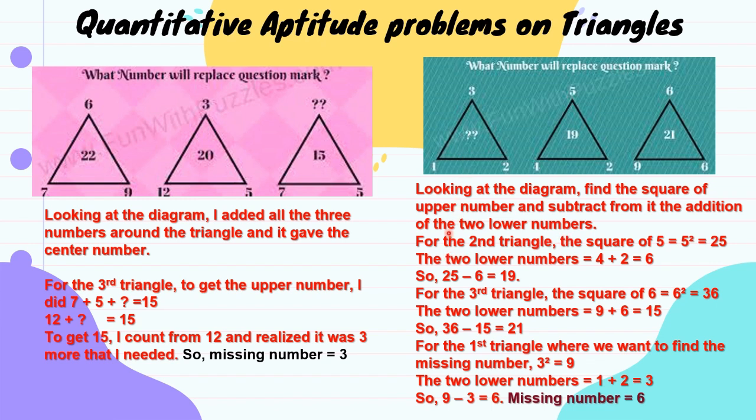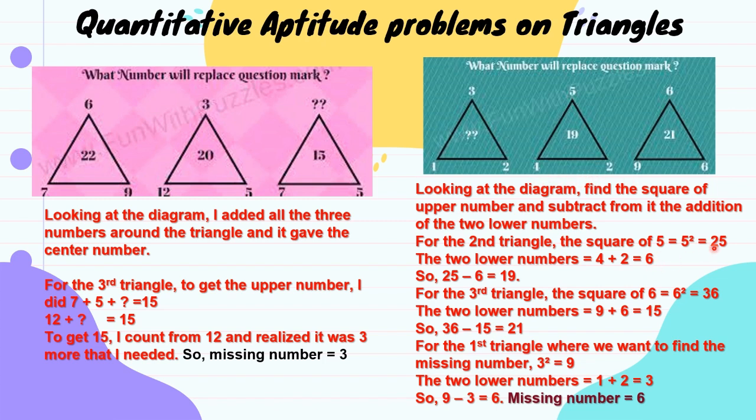The missing number is in the first triangle, so I need to look at what was done in the second and third triangle. For the second triangle, the square of 5, 5 raised to power 2, will give me 25. That is 5 times 5. Then the two lower numbers, 4 and 2, I added them, 6.